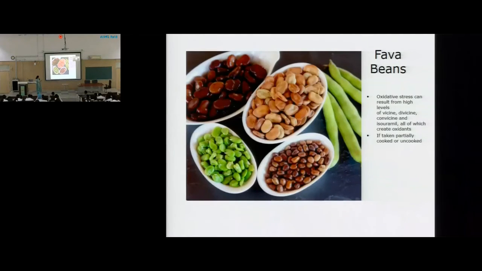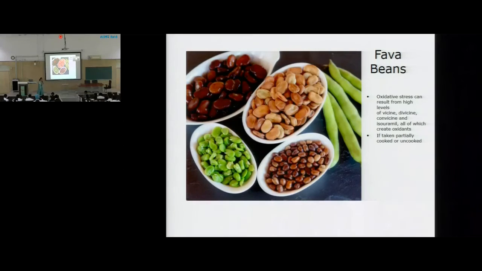These are big beans. If eaten partially cooked or uncooked, they will have a very strong oxidative response. They will produce a lot of reactive oxygen species, and this can also precipitate hemolytic anemia.